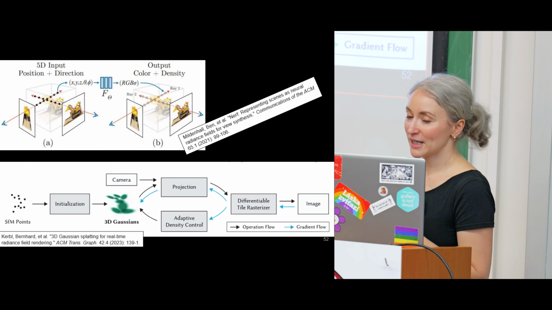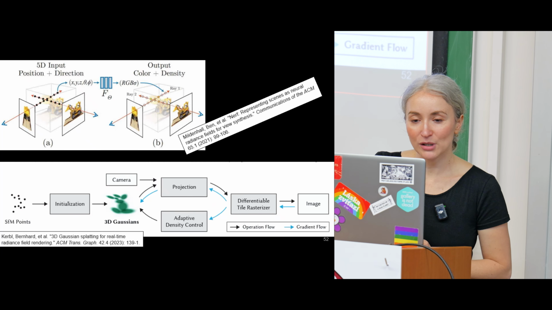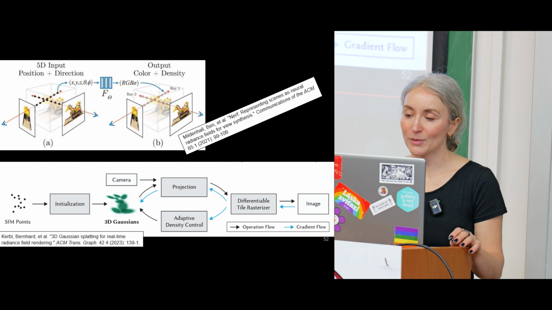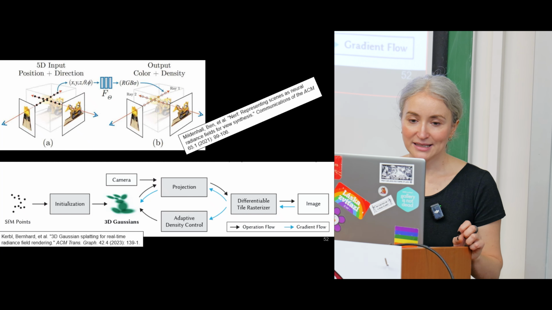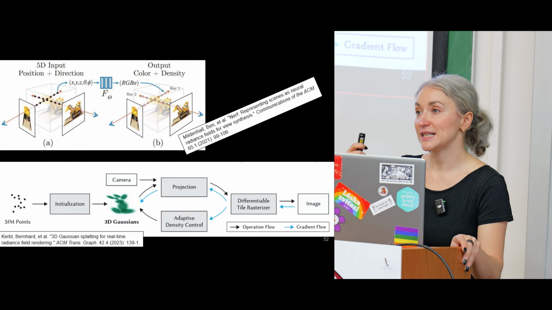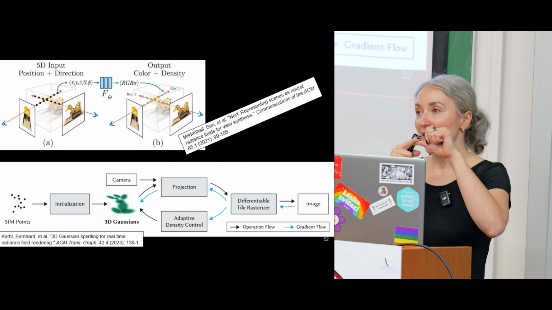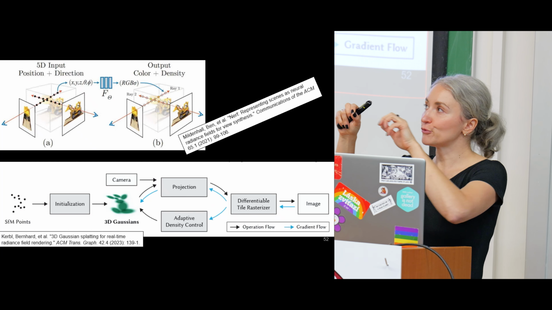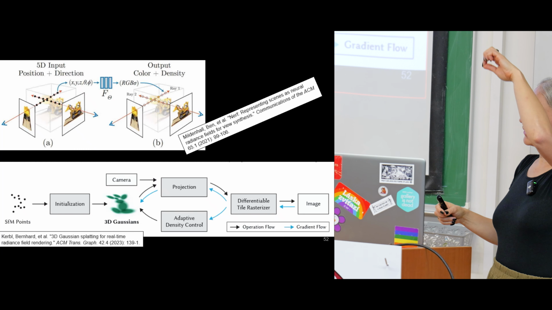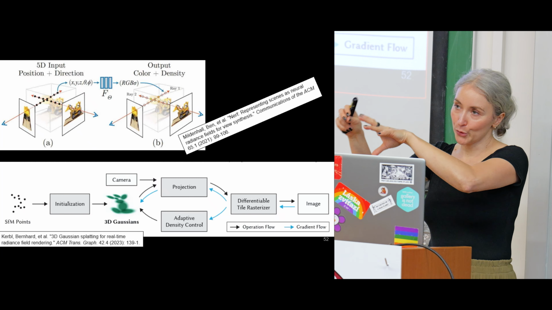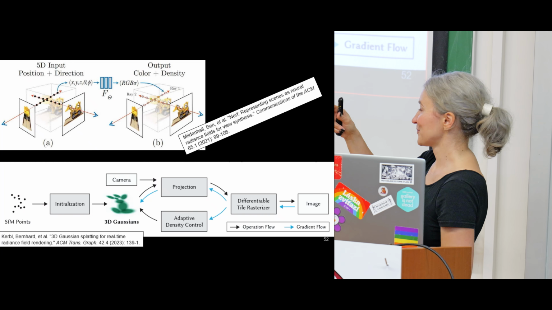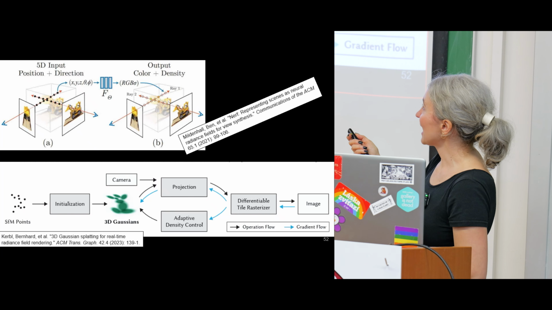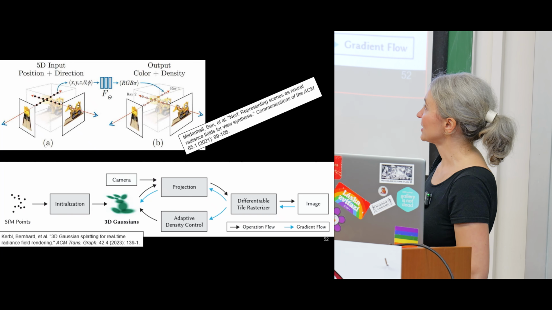In the case of NeRF, we have a neural network which learns a continuous volumetric function. As input, we have a 5D input: x, y, z of some point, and also the viewing angle, so we know from which direction we are viewing the point. And the output is the color and the density of the point.